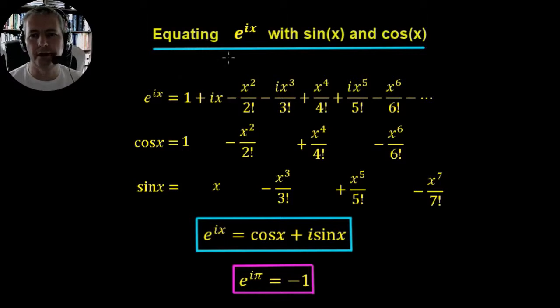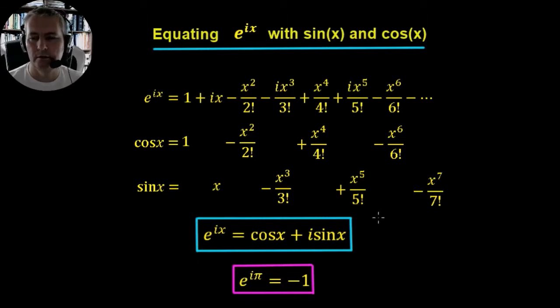So let's equate the e to the ix with the sin x and the cos x. e to the ix is written here, and I've rewritten the cos x and the sin x, and you'll note that this e to the ix is made up of the cos x terms. It's also made up of the sin x terms, but there's an extra factor of i in each of the sin x terms. So therefore we can say that e to the ix equals cos x plus i sin x, and that's an important identity and what we really want to get at.